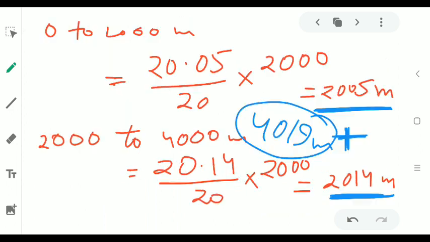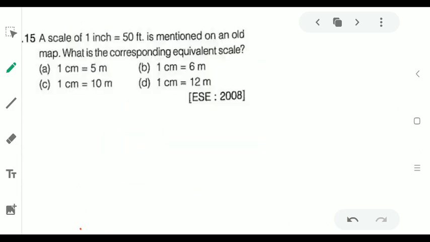Now moving on to question number 15. A scale of 1 inch is equals to 50 feet is mentioned on an old map. What is the corresponding equivalent scale?